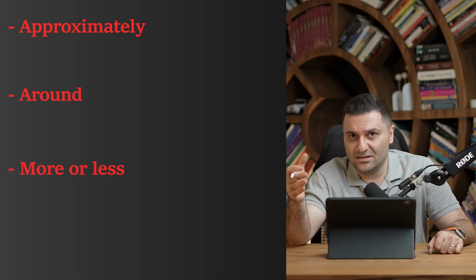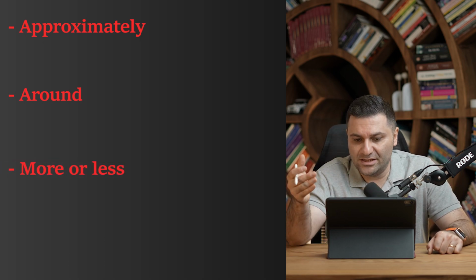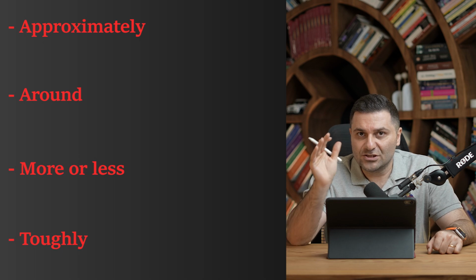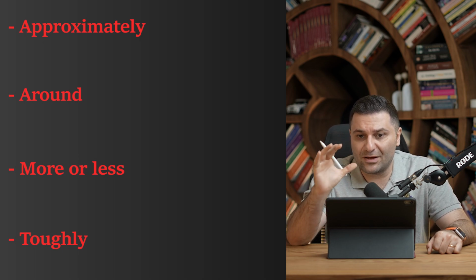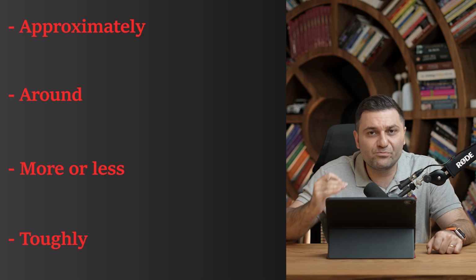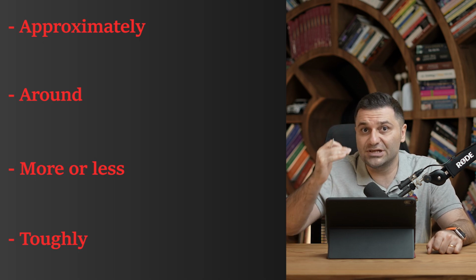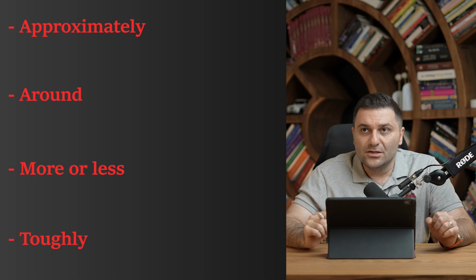More or less, and roughly. So these 4 adverbs are used when you want to talk about numbers above or below the exact number. If you want to talk about less than, for example, the data shows that it's 29, so it's less than 30, less than the exact number, you can use these adverbs.